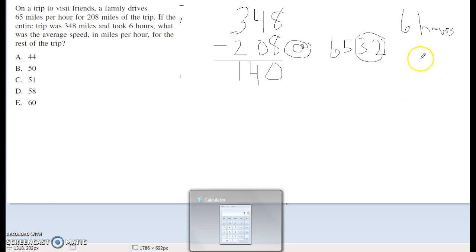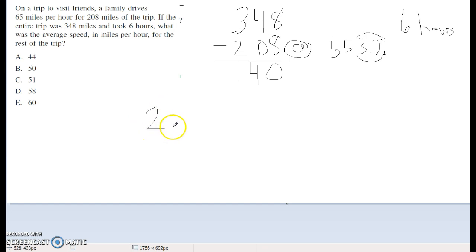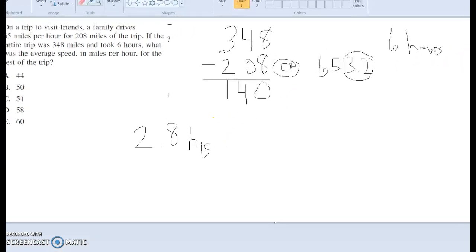Now we know that we went for a total of 6 hours. So we're going to take our 6 hours and subtract 3.2 from it. And the rest of our trip is going to be 2.8 hours. And that is how long it's going to take them to go the other 140 miles.